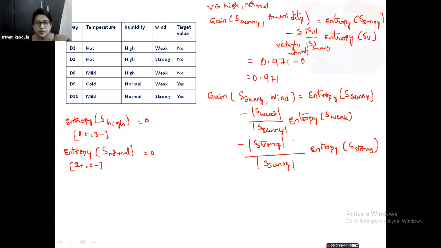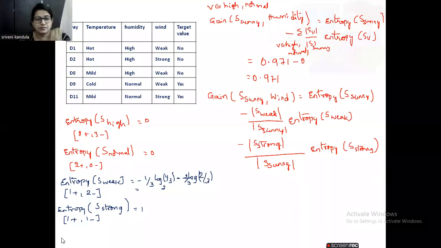So if you calculate the entropy of S sunny, entropy of S weak and S strong, just calculate the values and directly we will substitute those values. I'm just trying to show you all possible ways of doing this, so that you can solve. Let us just calculate the values.